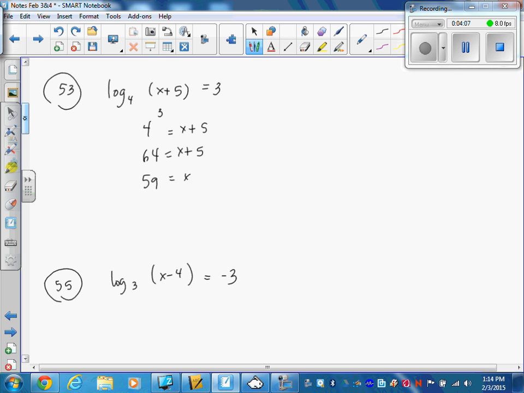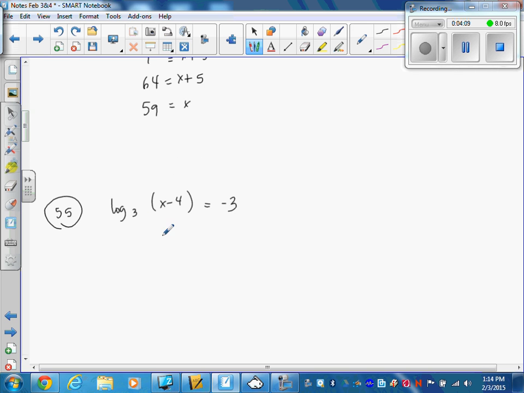Okay, in 55, we have 3 to the negative 3 equals x minus 4, using that base conversion. So 3 to the negative 3 is equal to 1 over 27. I know a lot of you are going to want to turn that into a decimal, which is not a bad idea, but 3 times 3 times 3 is 27, and the negative makes it go to the bottom.